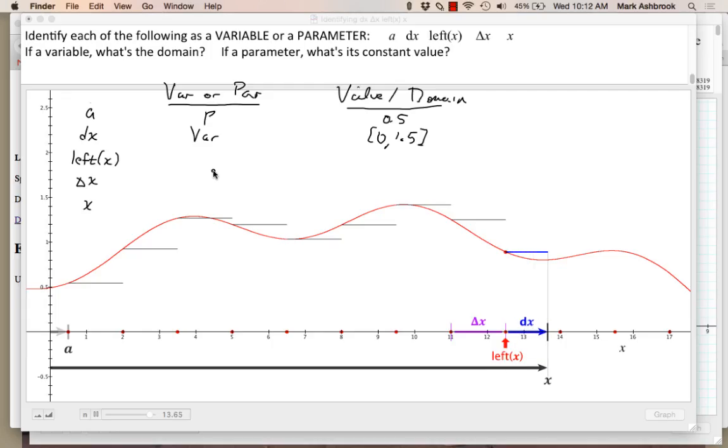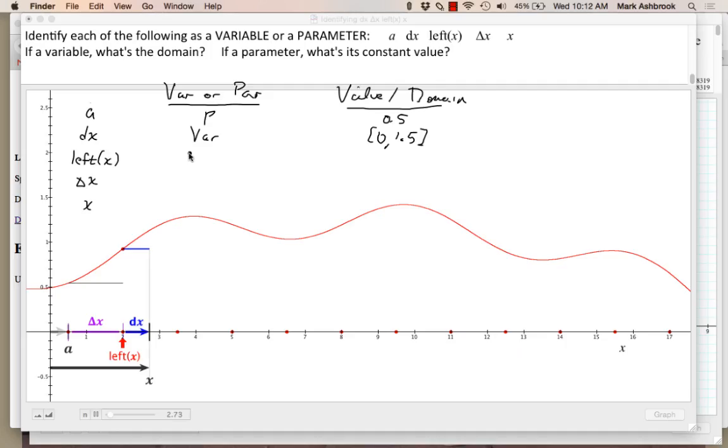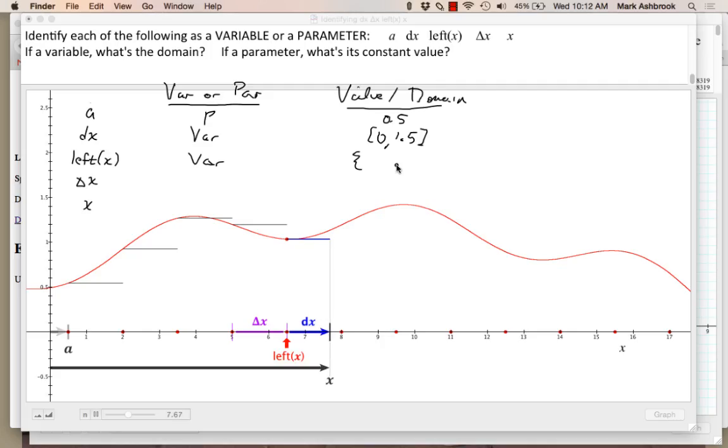It's changing. It stays the same for certain values of x, but then it changes. This is a variable, right? It's varying. So what is the domain of this one? All possible values it could take on. Well, they're discrete values, right? So it's not continuously increasing, but it is changing in value.